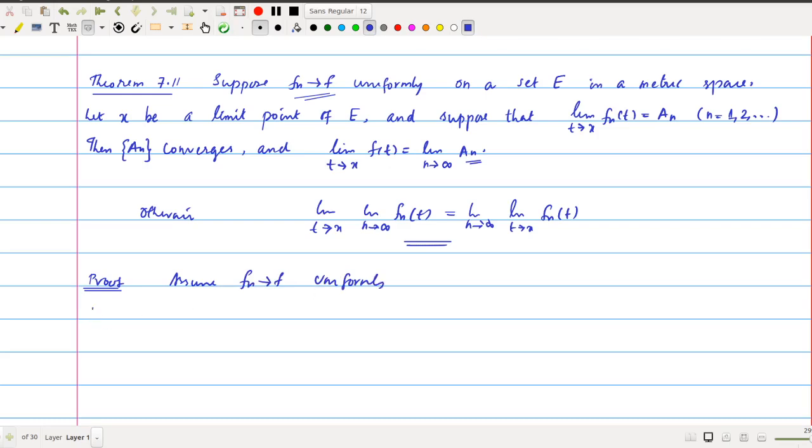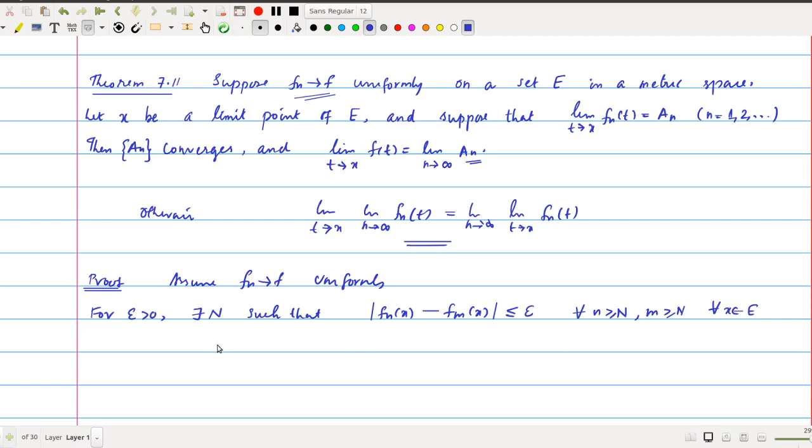That is, for epsilon greater than 0, there exists N such that, this is the definition, modulus Fn of x minus Fm of x is less than or equal to epsilon for all n greater than or equal to N, for all m greater than or equal to N. So this is the Cauchy criterion for uniform convergence, for all x belongs to E.